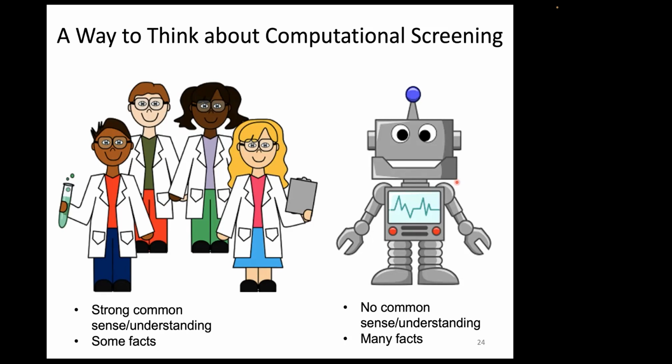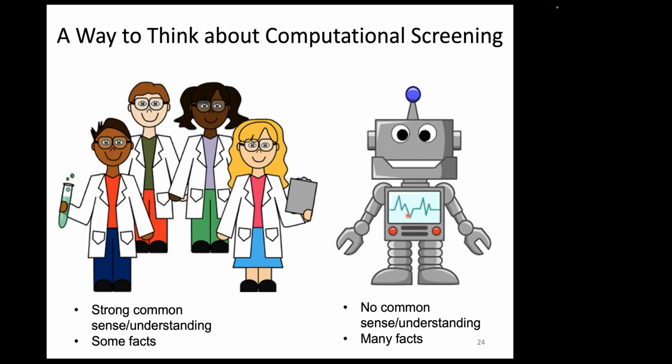On the other hand, whatever facts you've made available to them, they have them. They don't forget them, they don't lose track of them. It's often many more than you might have as a human being, because it's easy to store things in your computational robot colleagues. So the way that I think to use these is to really look at what they suggest, what predictions come out of your robot colleagues, but then to process them through your common sense and your intuitions.